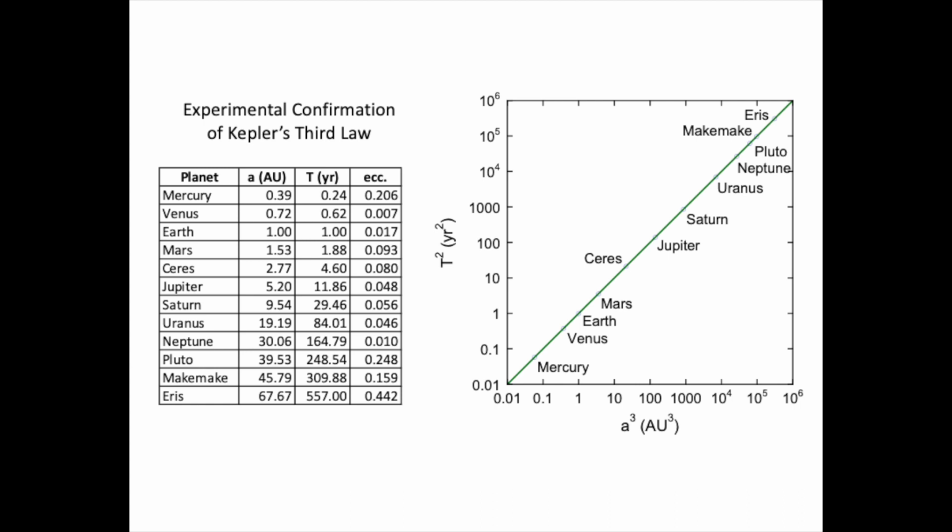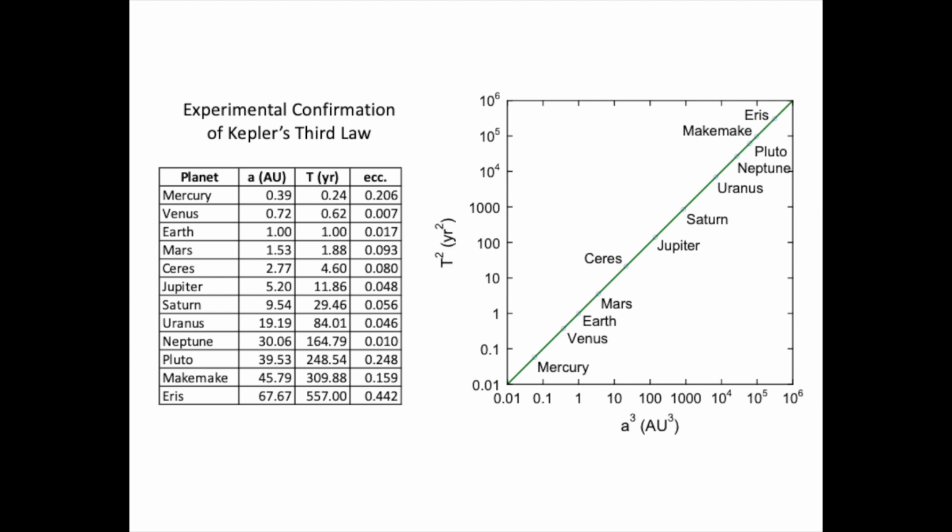So shown here is a plot of the period squared as a function of the semimajor axis cubed for all 9 planets, including Pluto. Well, let's say it's all planets, plus some minor planets, Pluto and some asteroids, Ceres, etc., where I actually looked up the data for the periods for all of these and the semimajor axis of their elliptical orbits and crunched the numbers and made this plot.